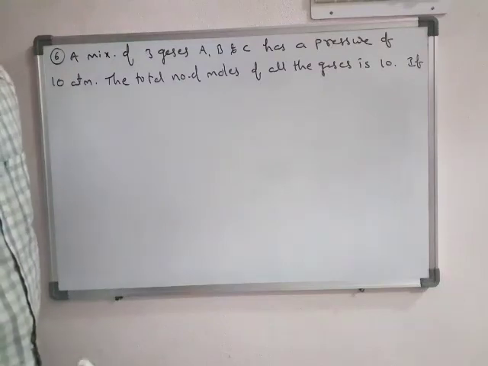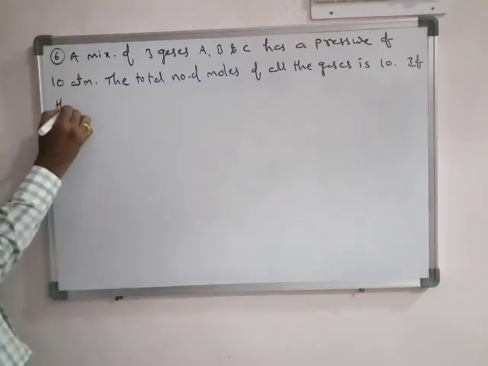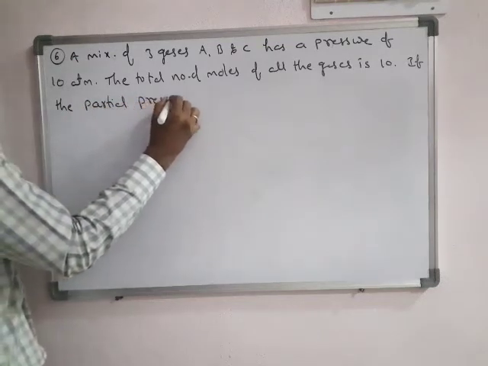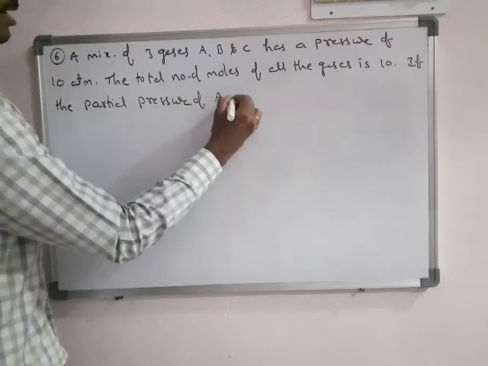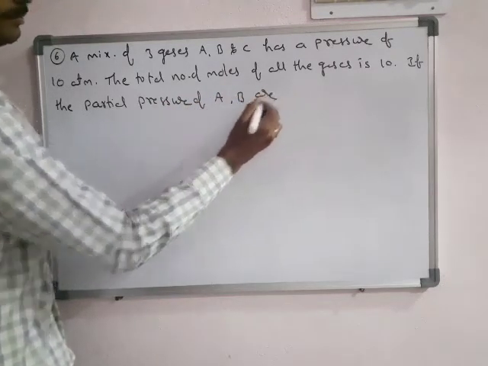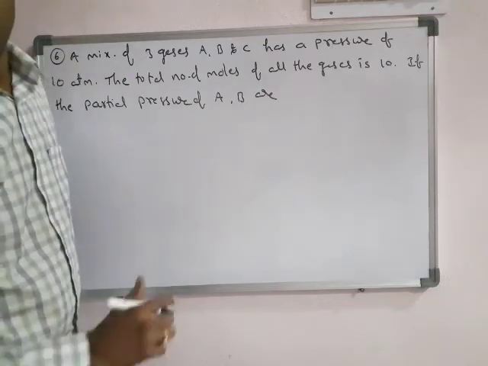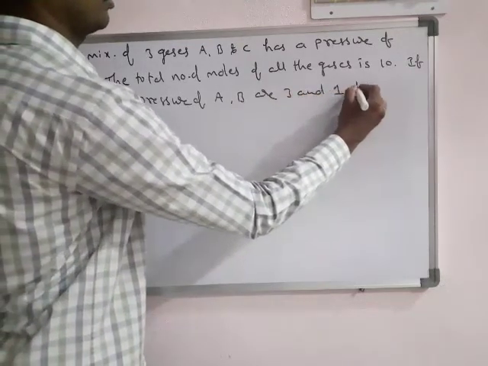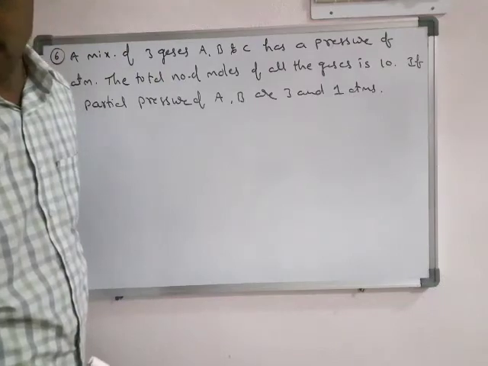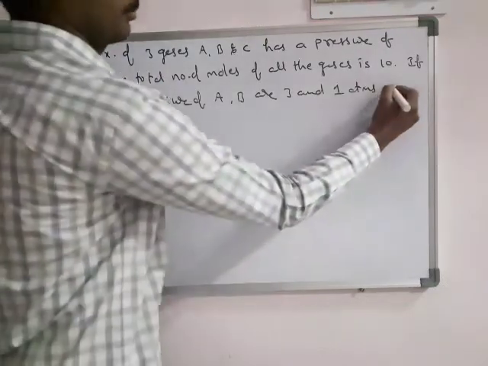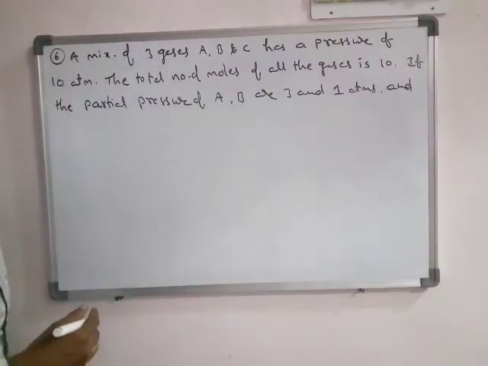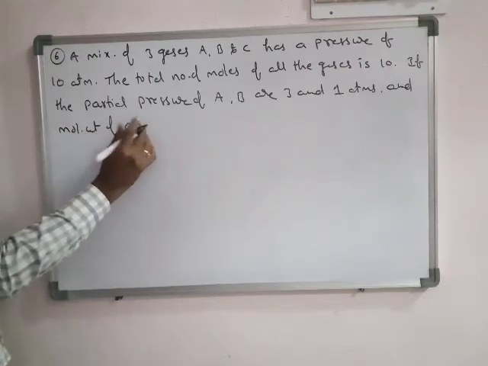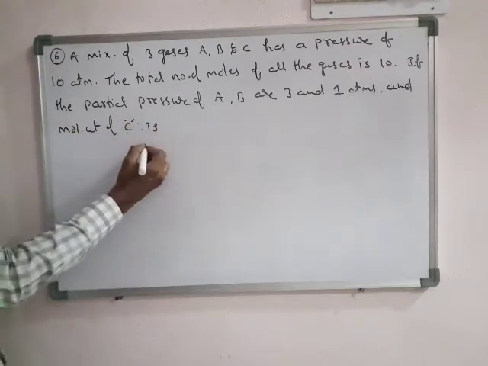Given that the partial pressures of A and B are 3 and 1 atmospheres respectively, and the molecular weight of C is given as 2.